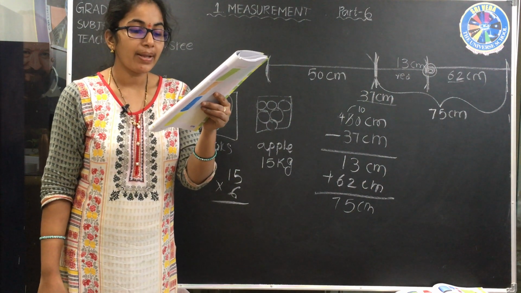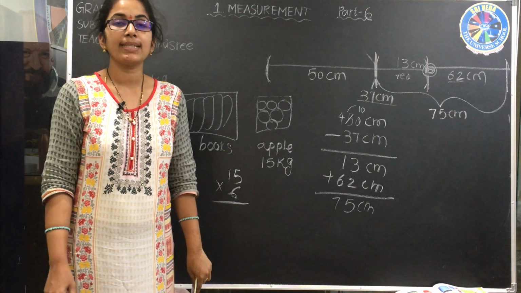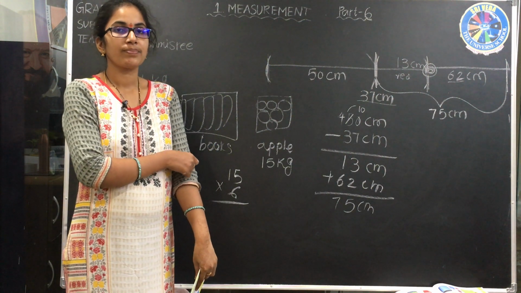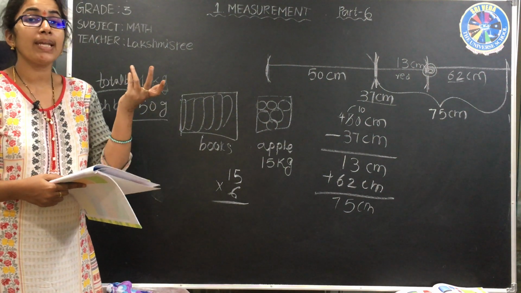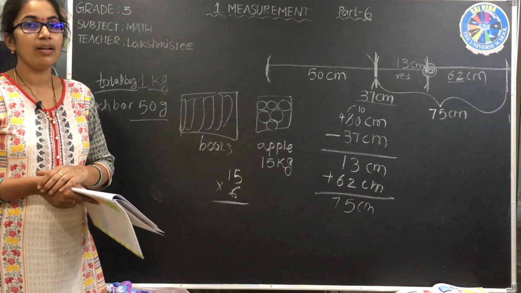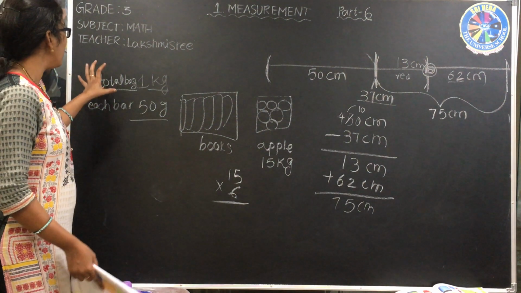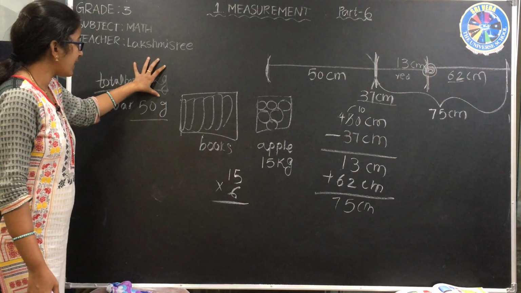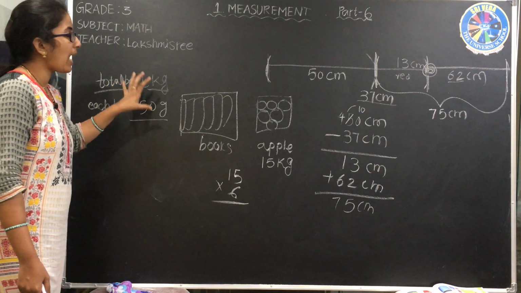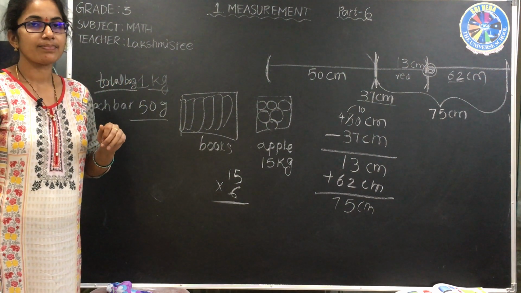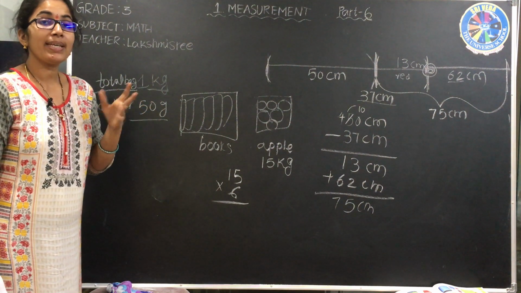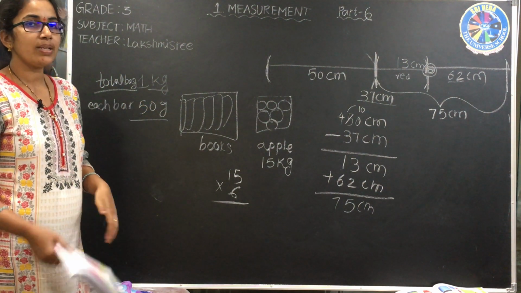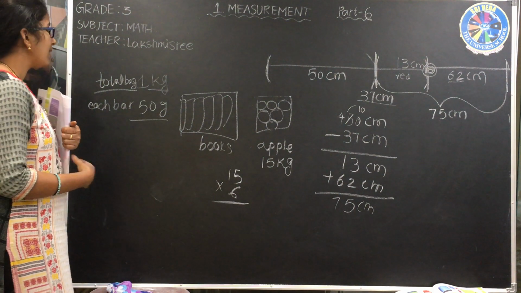What we have to find out? Find out the number of candy bars in the bag. Okay? Here he did not give how many candy bars there are. But he has given the total bag weight and each candy bar weight. Okay? So to find out how many candy bars there are, what is the procedure, children?